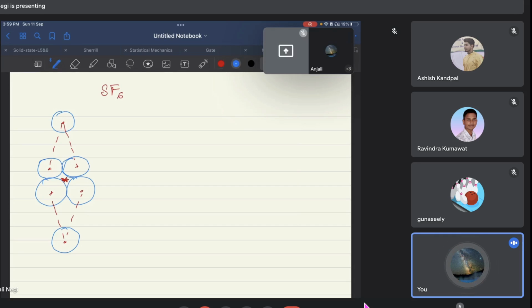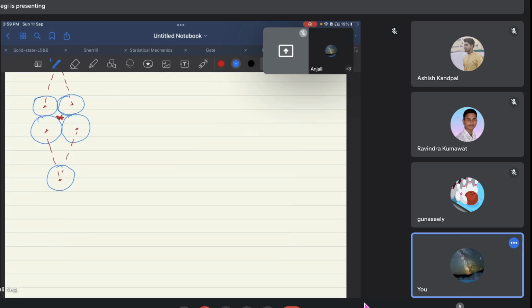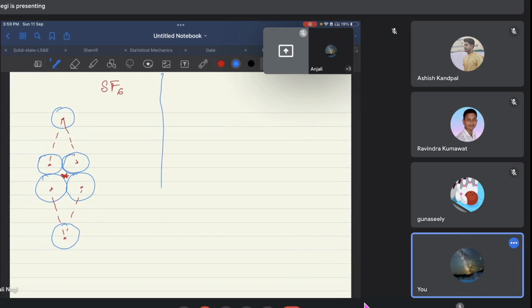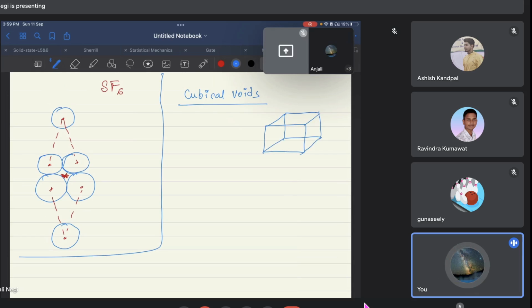So another one is cubical voids. Okay, the last one. So in cubical voids, you can just imagine one cube, and all the atoms or spheres or molecules are at the corners of the cube.